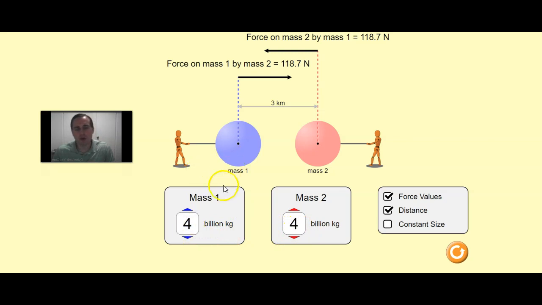They're both 4 billion kilograms, and we can increment their masses up or down by whole numbers of billions of kilograms. So notice that if you want substantial gravity forces between these masses, the masses have to be astronomical in size to have any significant gravity force.